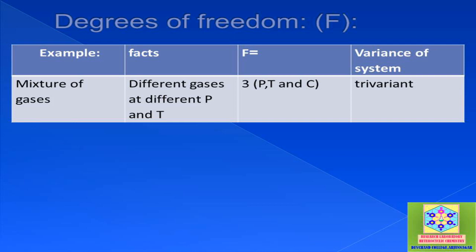So we must specifically mention what is the pressure of the system, what is the temperature of the system, as well as what is the composition of the gases present in the system. So to describe this system completely, we need all 3 variables: pressure, temperature and composition. And therefore, the system is a trivariant system. The degrees of freedom F is equal to 3.